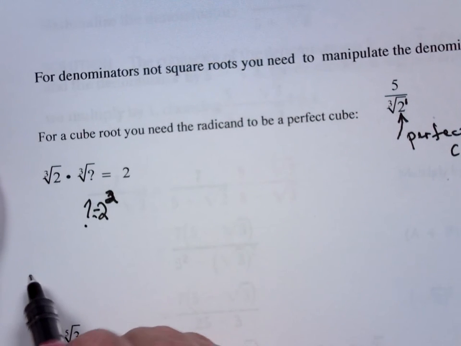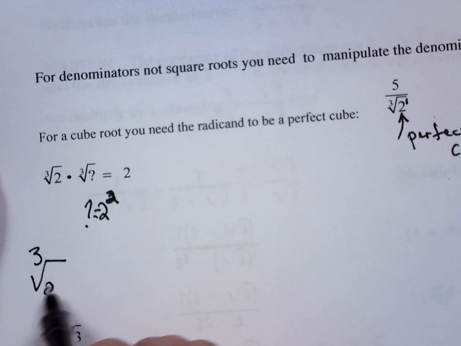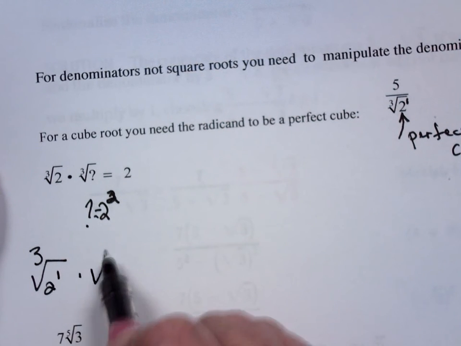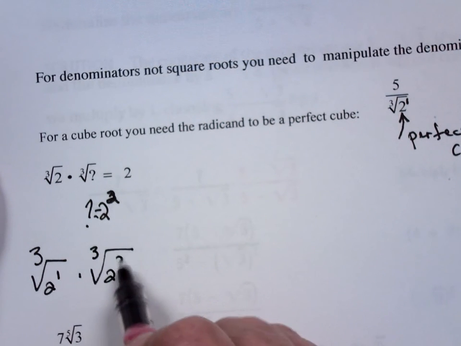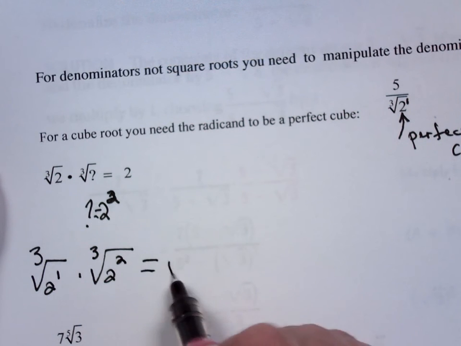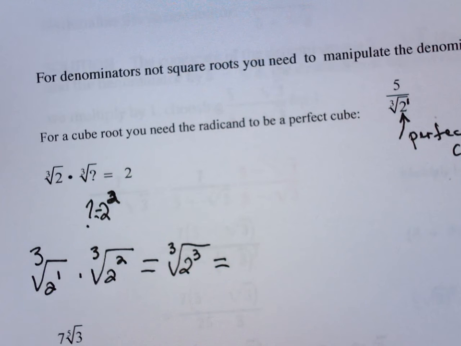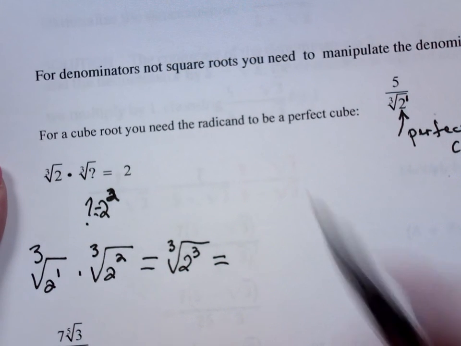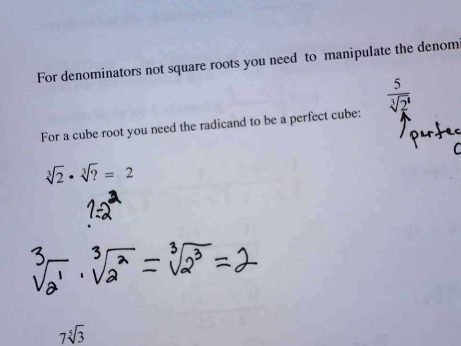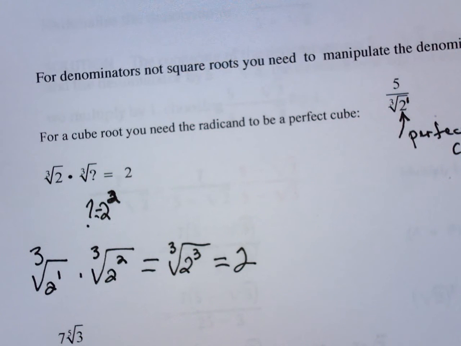So that if I had the cube root of 2 to the 1 times the cube root of 2 to the 2, this would be the cube root of 2 to the 3, and the cube root of 2 to the 3 is 2. You need it to be a perfect cube.